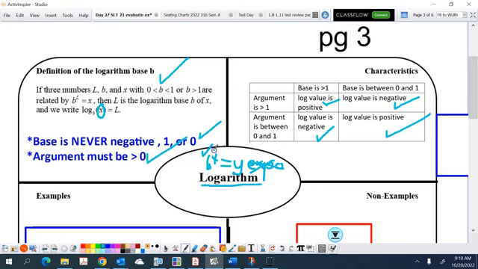This is the base, this is the exponent, this is the answer or argument. In terms of our log, our base is going to be here, our argument or answer is going to be here, and the answer to every log is an exponent. So this is your exponent. The answer to every log is an exponent.